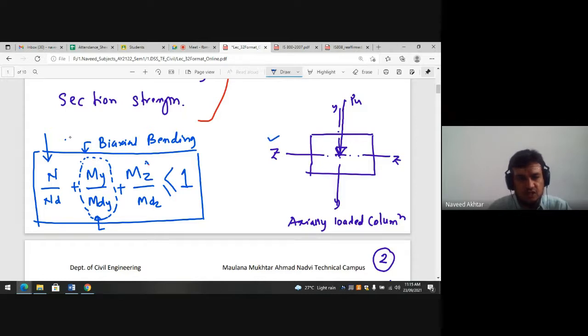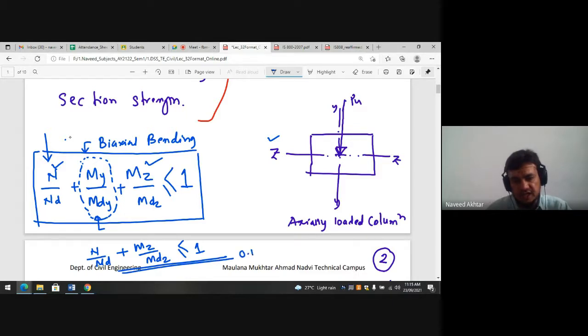So only these two terms will be there. Our equation will come as N upon Nd plus Mz upon Mdz should be less than or equal to 1. If this equation is satisfied in strength, we will say that our design is okay.